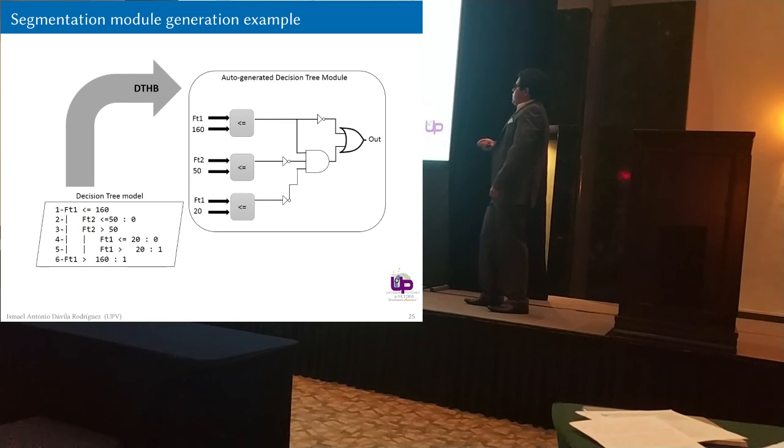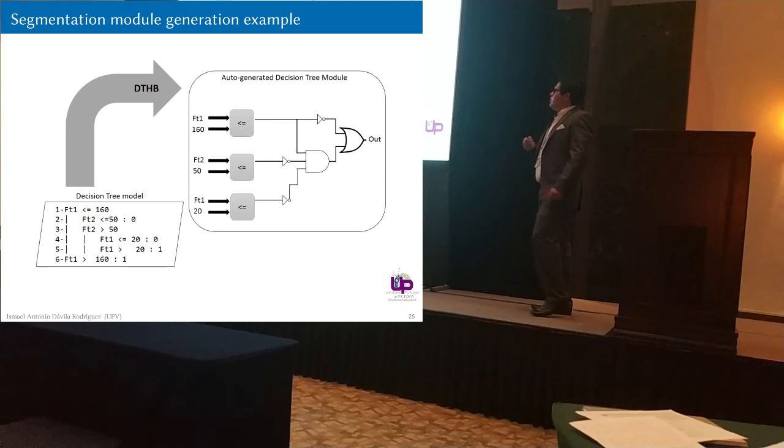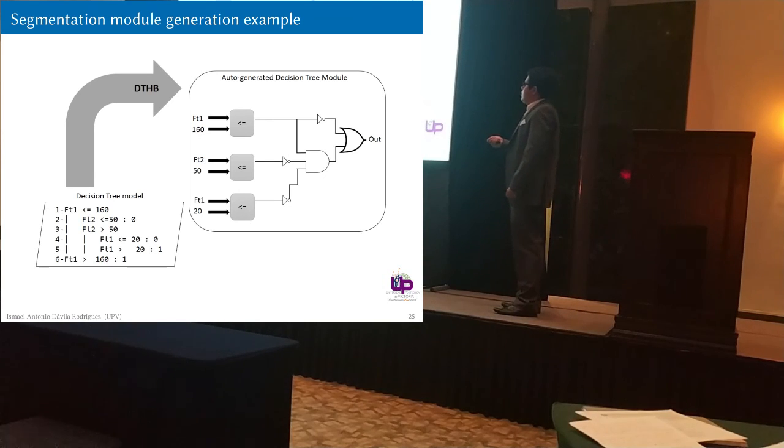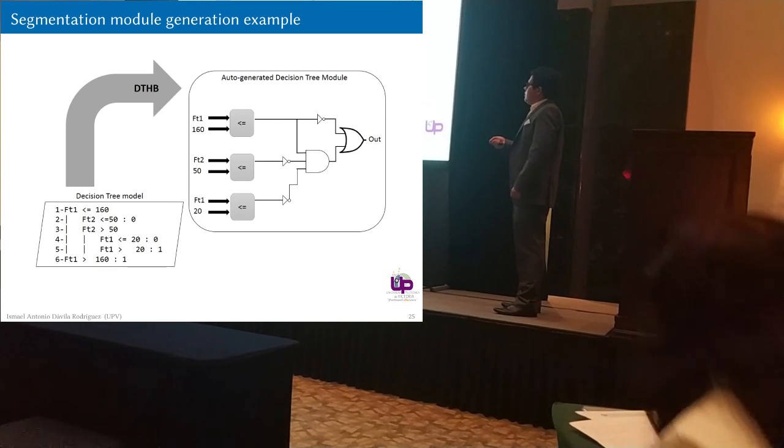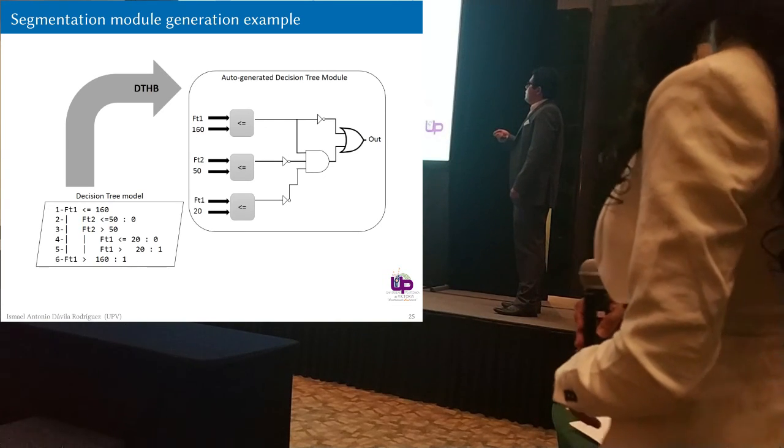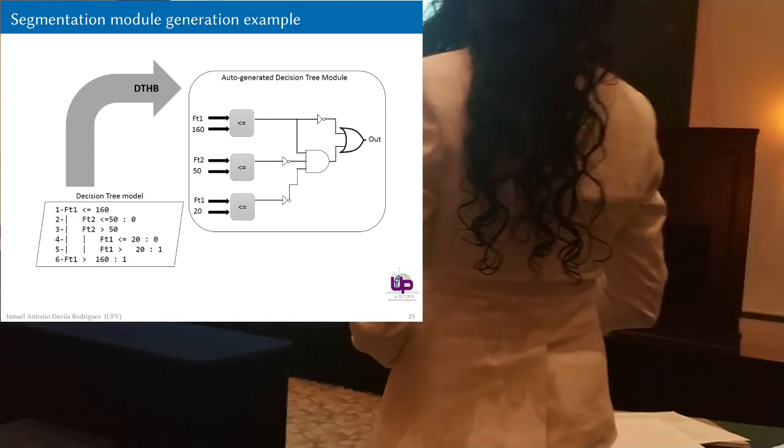Then to solve the branch of line 5, you have to solve all the steps. So first of all, we need to solve this stage. It's solved here, right? Then we need the else statement of this comparator, so we have to connect another NOT gate.